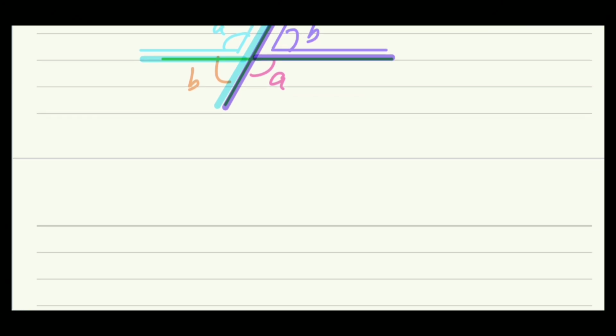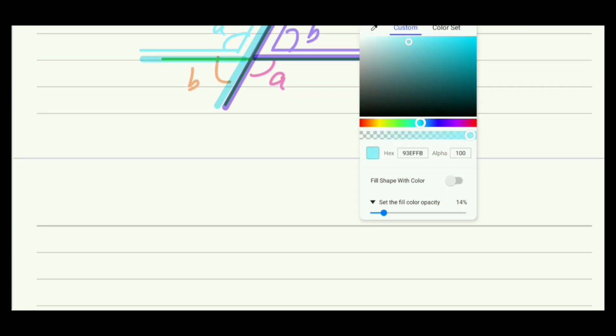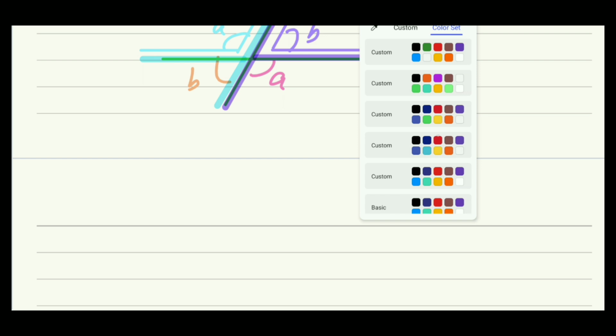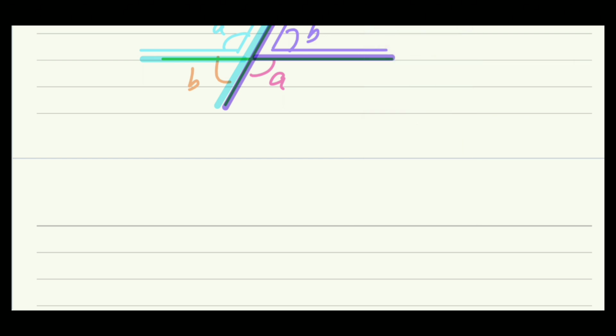Last property, X angles, and they are called vertically opposite angles.